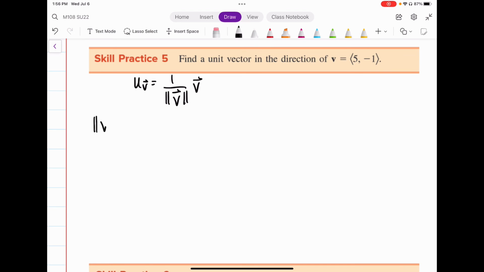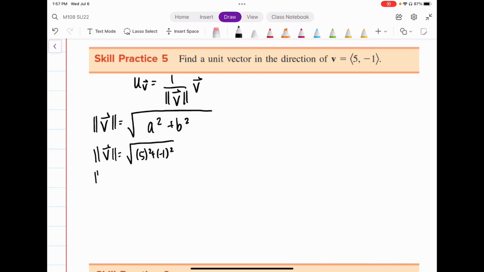The magnitude of vector v is given by taking the square root of, since this is component form already, a squared plus b squared. Five squared is 25. Negative 1 squared is negative 1 times negative 1, which is positive 1. Therefore, the magnitude is the square root of 26.